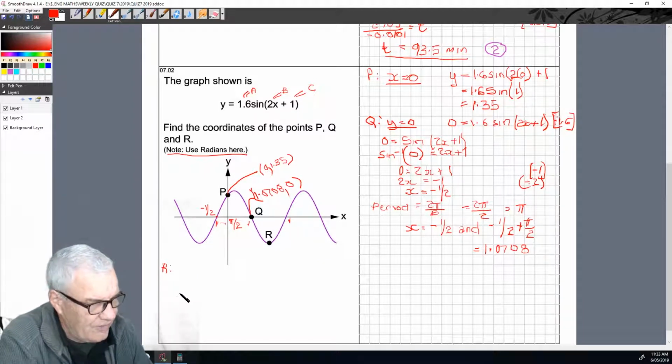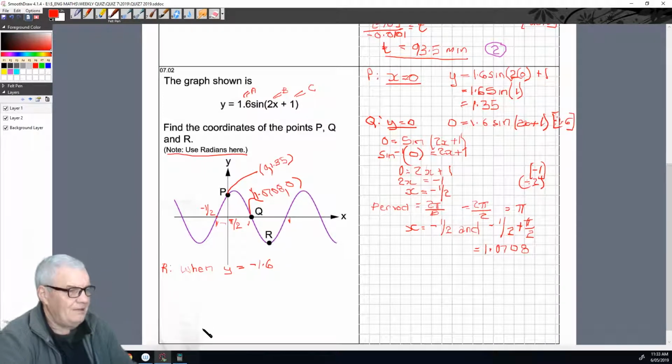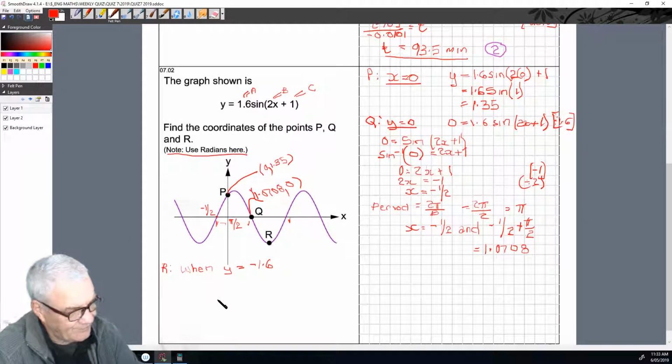Now at R you can see that this is the amplitude here, and that is A. So R is when y equals negative 1.6.